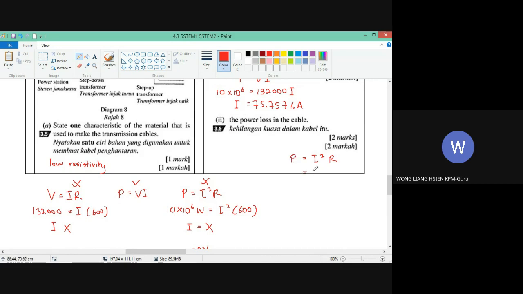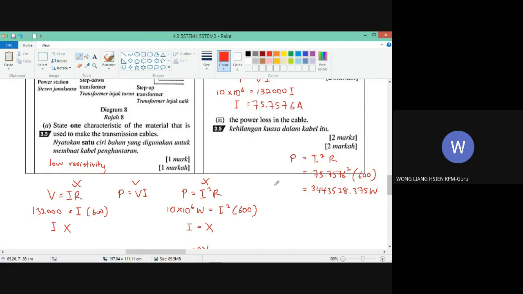So the current is 75.7576 square. Resistance is 600 ohm. Okay, so the power loss will be 344,3528.375 watt.